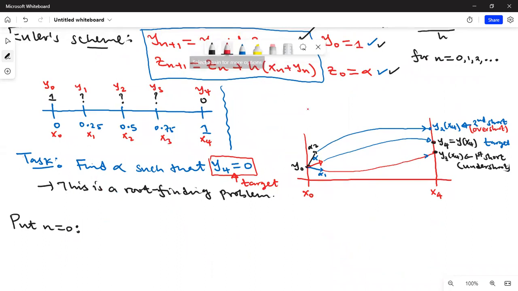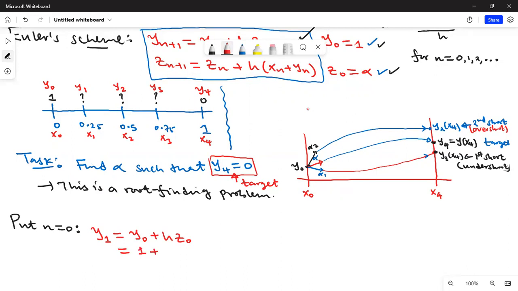So what does it mean? That I will have y1 is equal to y0 plus h z0. Do I know y1? I don't know y1, but I know y0. Our y0 is 1.